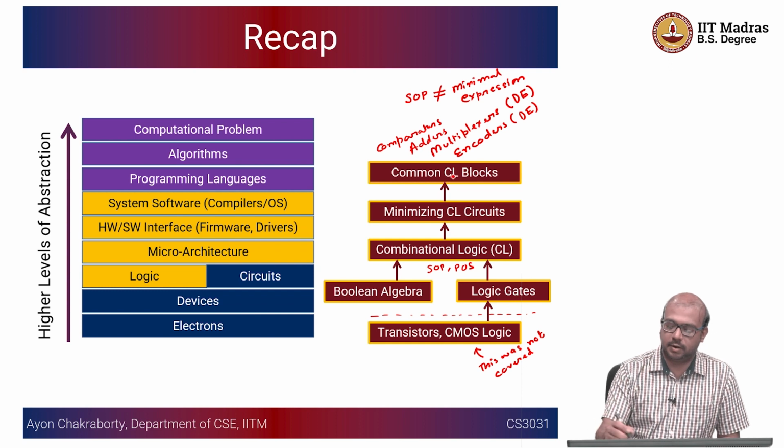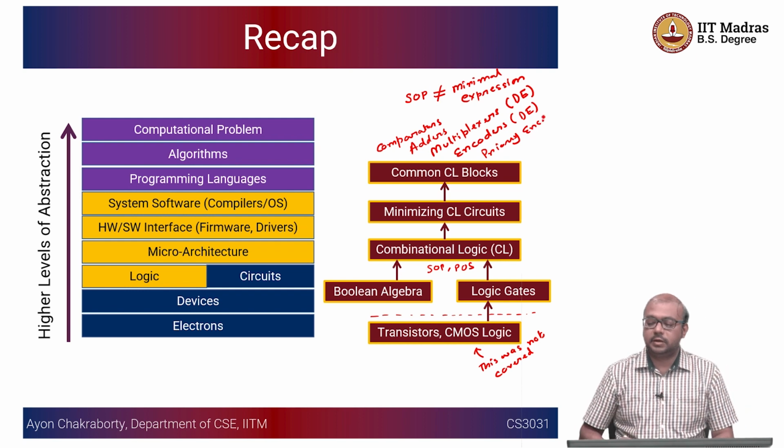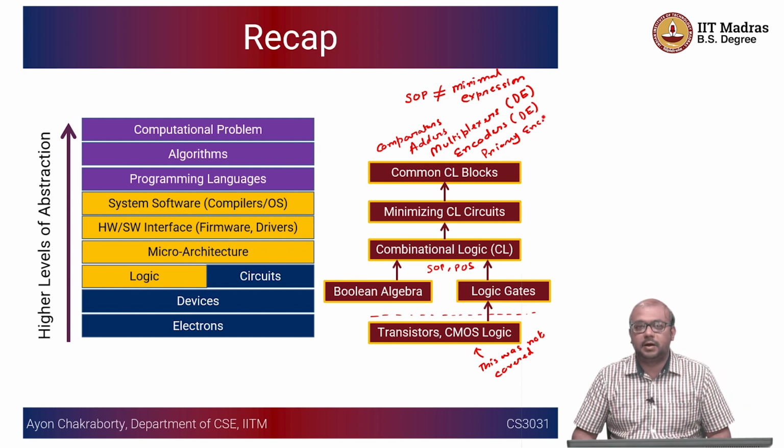Then we also had half adders, full adders, and priority encoders, which are a variation of encoders. So these were some of the combinational logic blocks which could be used in designs.